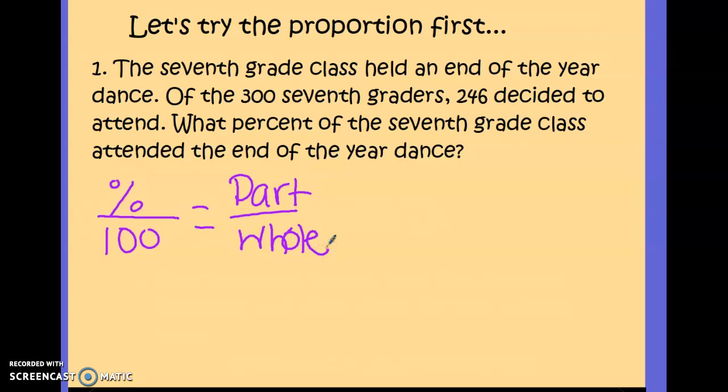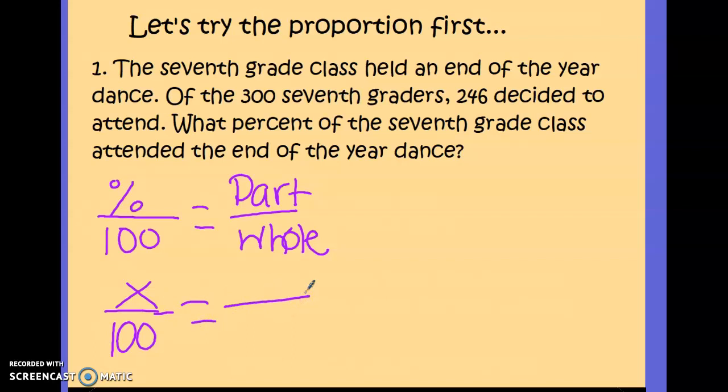We are looking for our percent, so we're going to put an X in place of it. X out of 100, because that's always going to be 100. And then our part out of our whole.